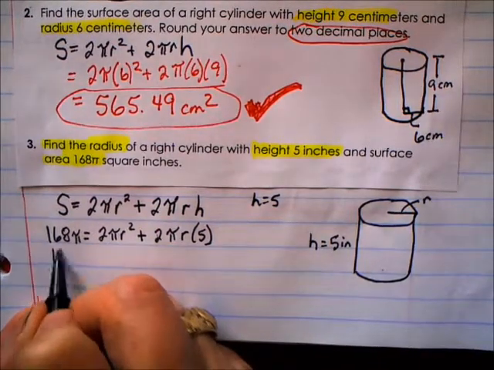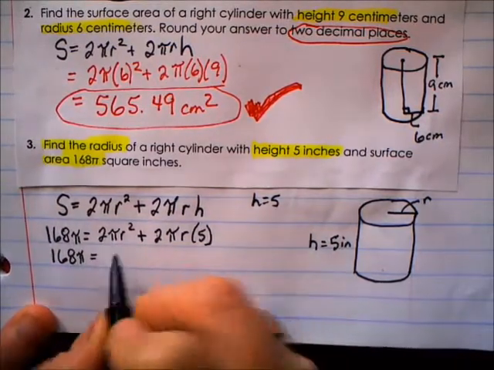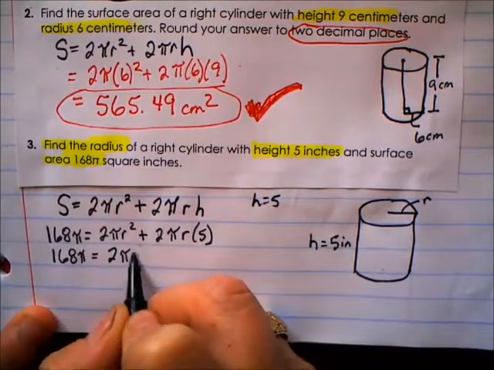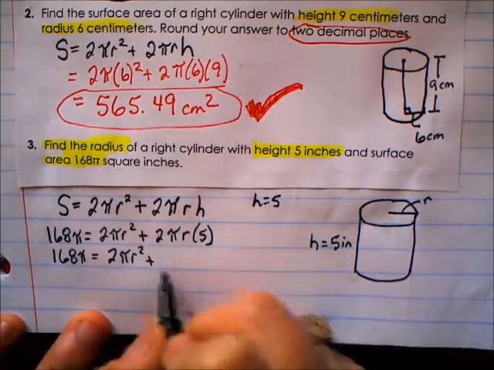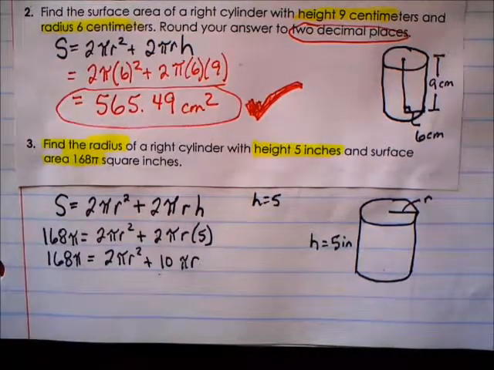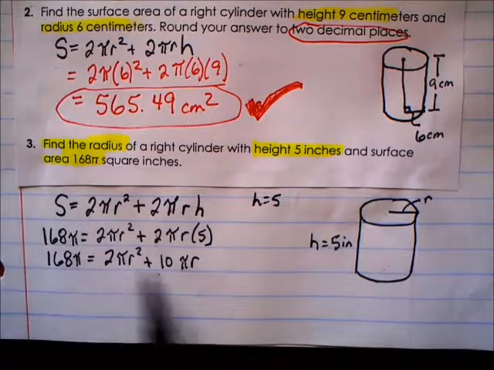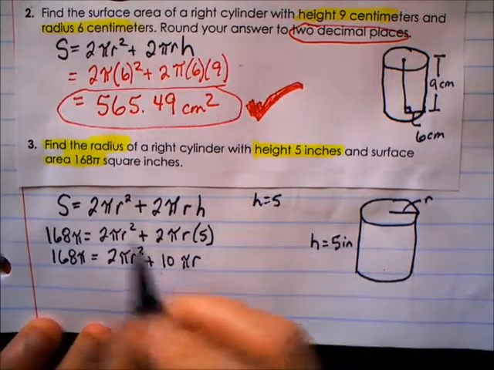So I'm still going to have the 168 pi equals this 2 pi r squared plus, and 5 times 2 is now 10 pi r. Okay, to solve it, I notice that I have a pi in both of my terms, so I'm going to pull out the pi by factoring.